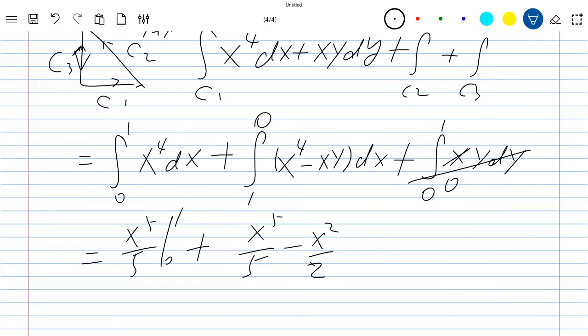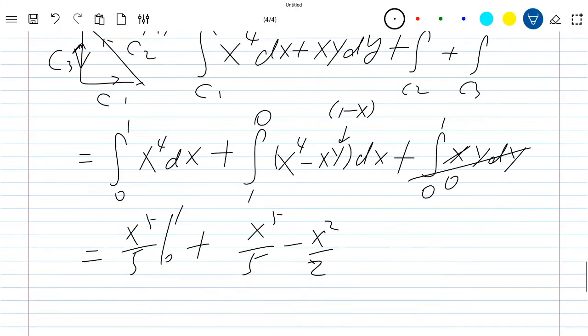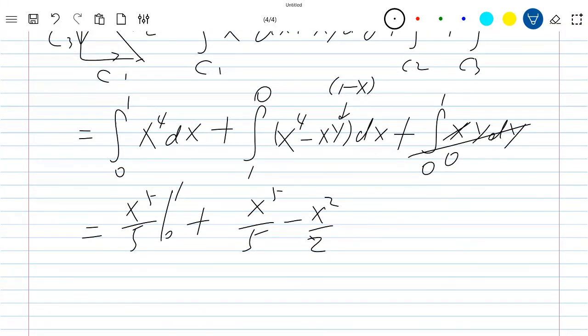Oh, that's hard because I have to plug in y. What is y? Y is 1 minus x, right? So it's actually more complicated than that. So you get minus x, then plus x squared, right? Then you integrate, then you plug in the limits.